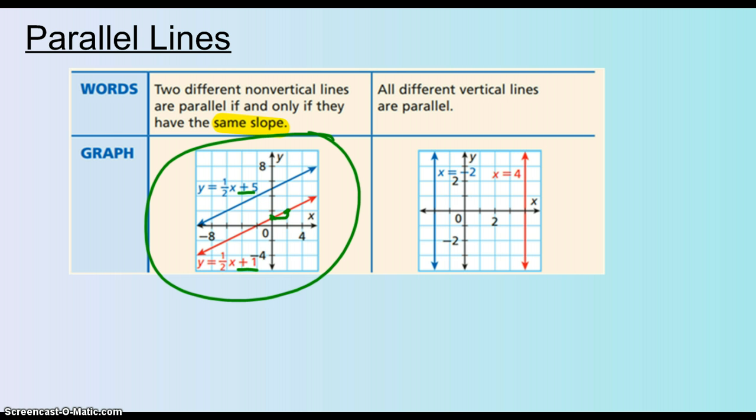Same as if I went up 5, so it would be up, there's 2, 4, 5 would be right here, in between, this is 6, and then I would go over 2, up 1 from that point, and we get the same slope. So we can see that the same slope means we're going to have two parallel lines. So it's really easy to identify with two equations if you have two parallel lines. You just have to compare their slopes. If the slopes are the same, then you have parallel lines.